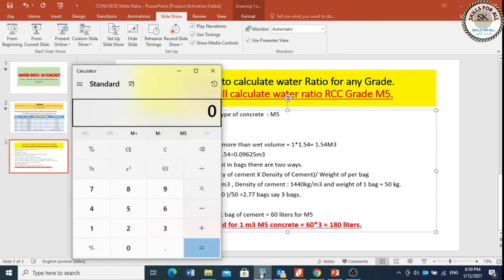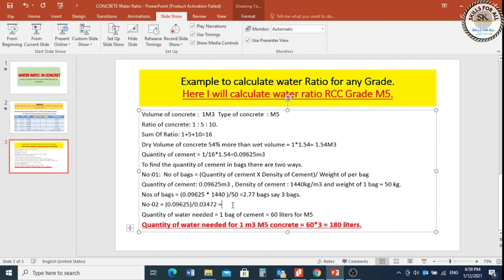Here is the calculator. 0.09625 divided by 0.03472, so 2.77 bags, or we can say approximately 3 bags. This is the second procedure.